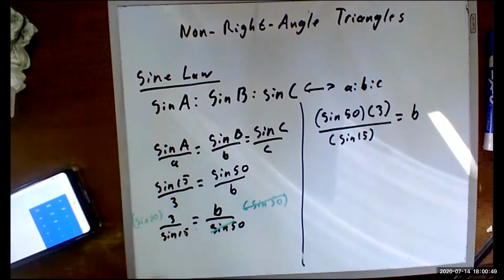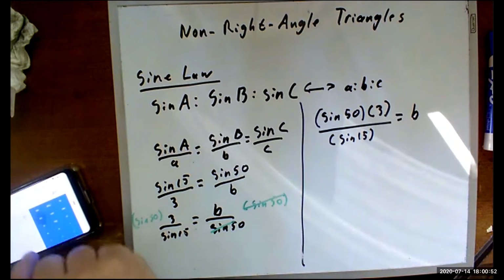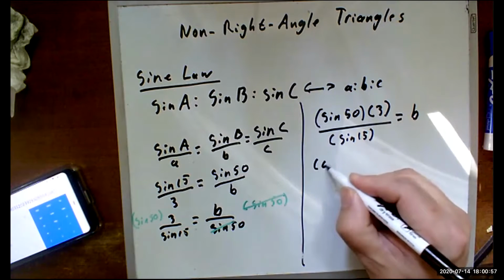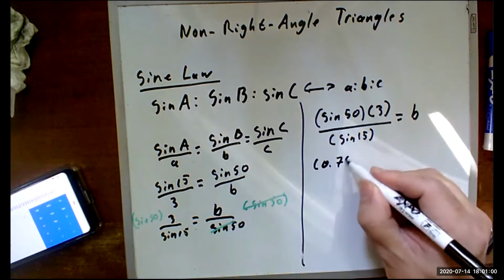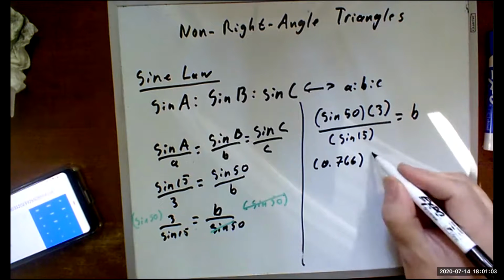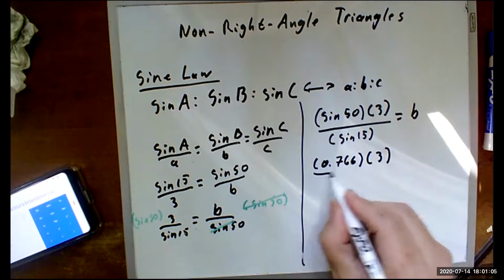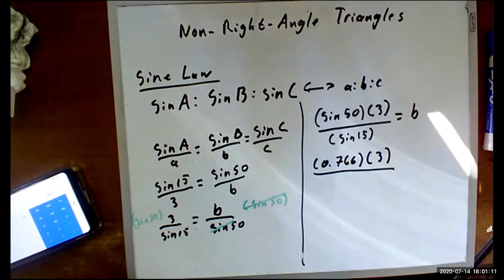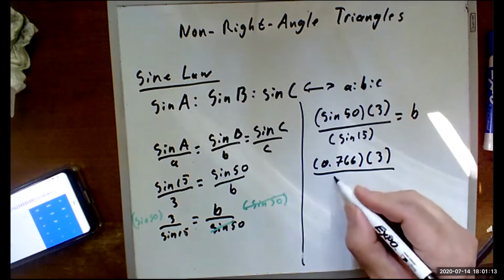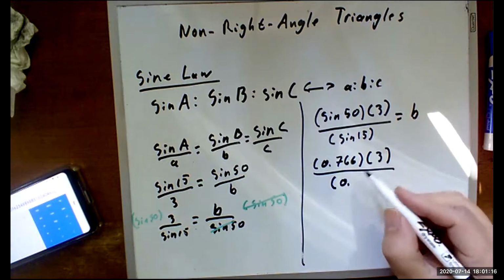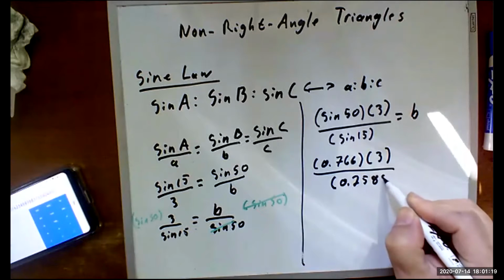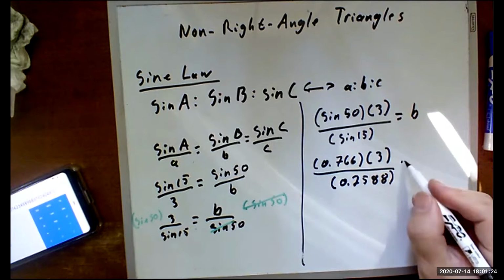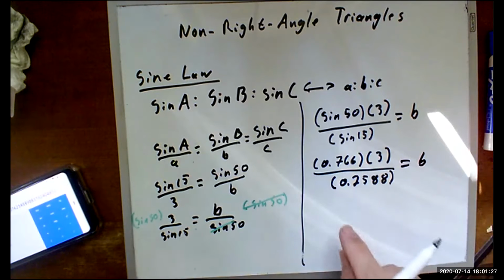When I do this, the sine of 50 comes out to approximately 0.766. 3 is still 3. It's a number already, so we can just leave it alone like that. And then the sine of 15 is going to be approximately 0.2588. Then we put that into the calculator.